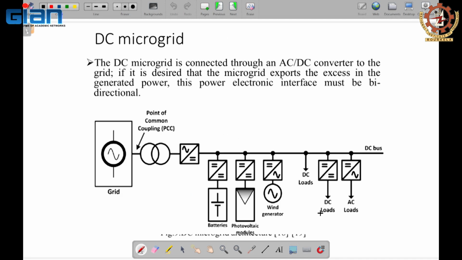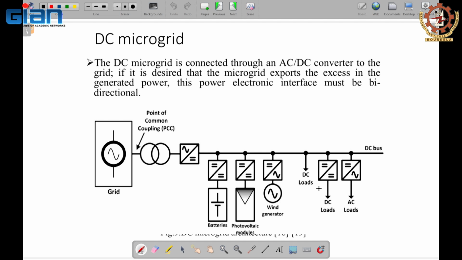Talking about the DC microgrid, here you can see that this bus bar or feeder is DC, and all the sources, in terms of storage systems, generators, and loads connected to this DC bus are finally DC. Again, here you are also using power electronic converters as well.